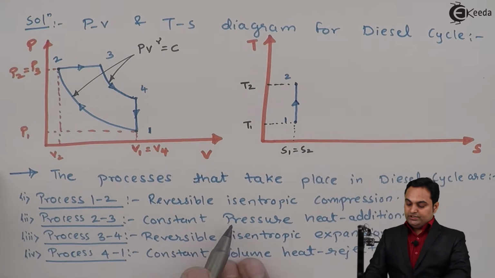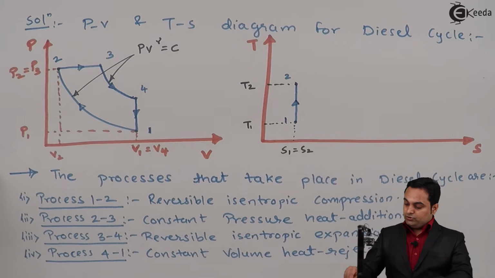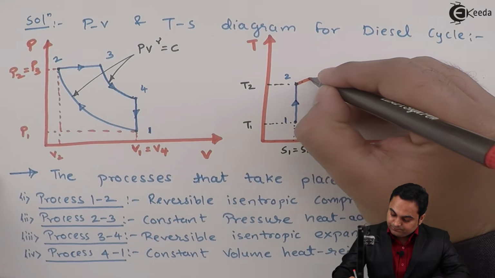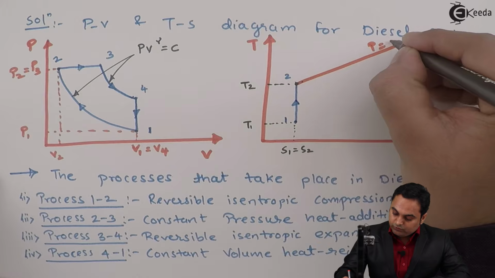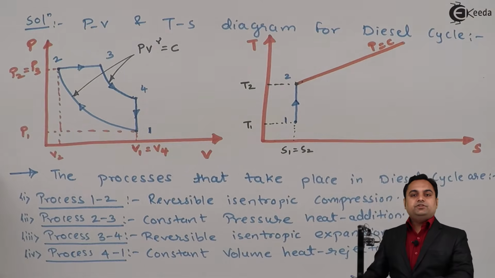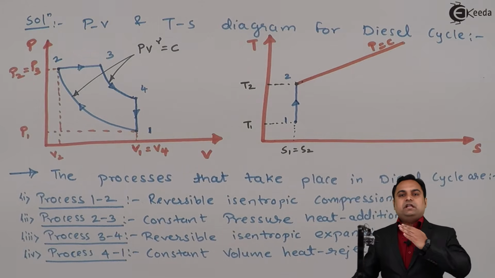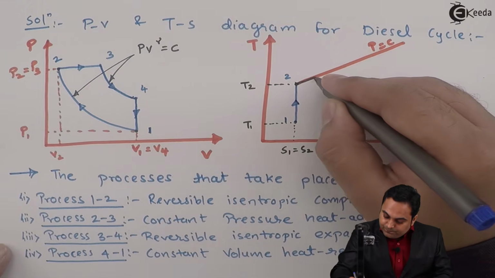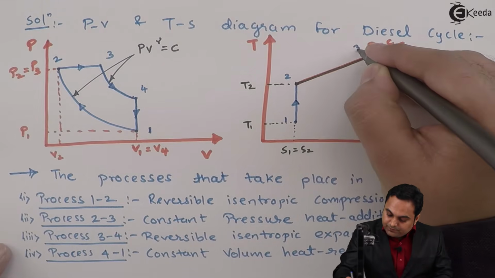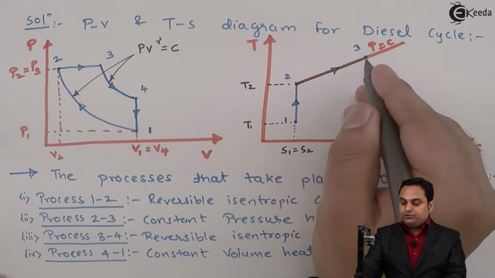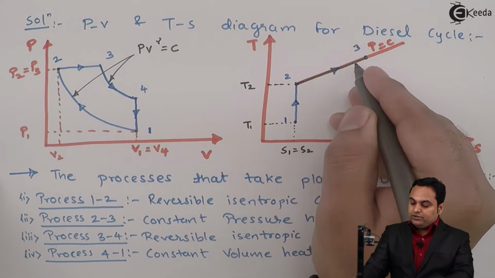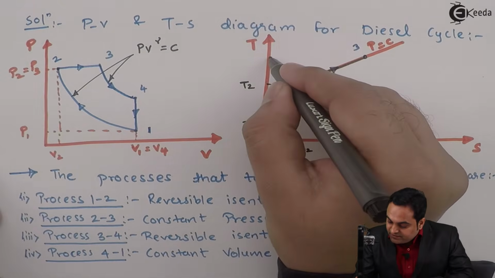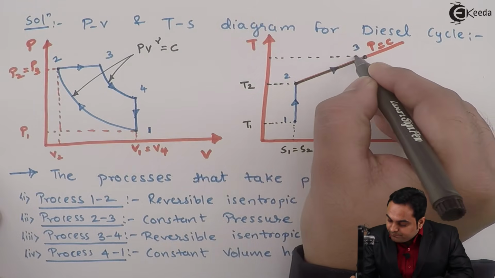Next, 2 to 3 is constant pressure heat addition. So here I am drawing a constant pressure line, P is equal to constant, and during the heat addition process temperature should increase along this line but pressure should remain constant. So I'll mark here point 3, that is during 2 to 3 the pressure remains constant but temperature goes on increasing and we get the highest temperature as T3.